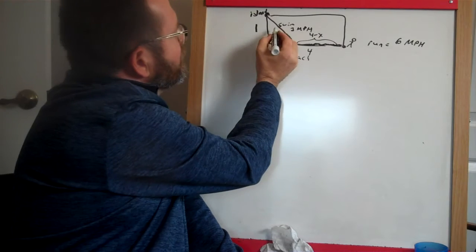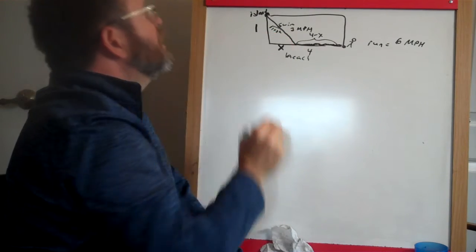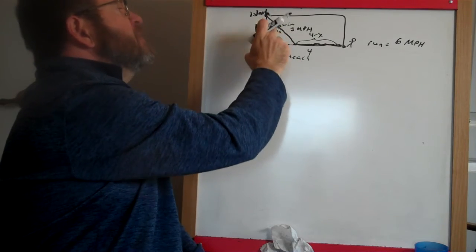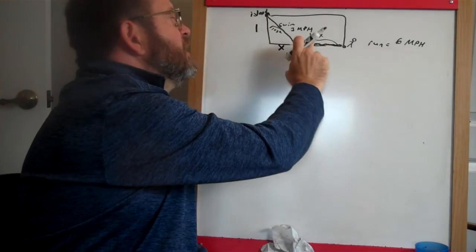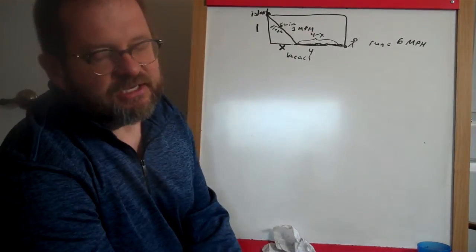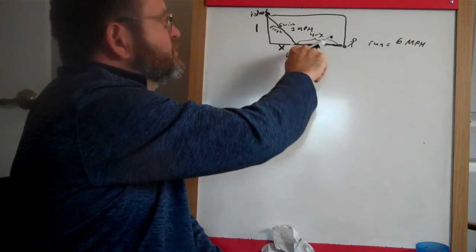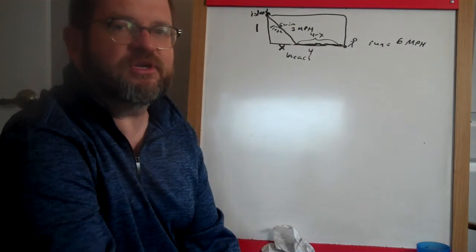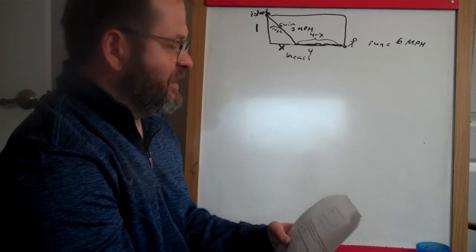By Pythagorean theorem, that's just the square root of 1 plus x squared on that side. You're going to swim the square root of 1 plus x squared, and you're going to run 4 minus x. Could you have set the problem up other ways, where maybe x is the distance you swim? Yeah, absolutely. There are certainly ways you could have done it other than this. But that's the way I set this problem up.